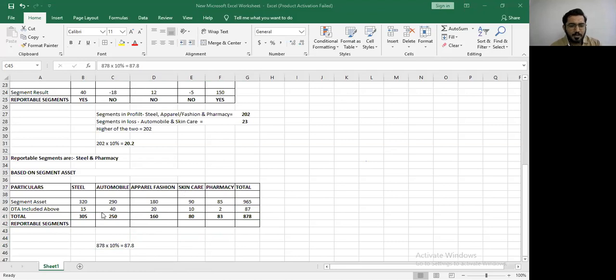Yes, of course, you will need separate disclosures for steel because the total of steel is 305. However, you need how much? 87.8. So separate disclosures are required for steel. What about automobile?